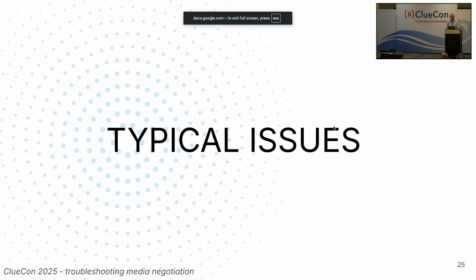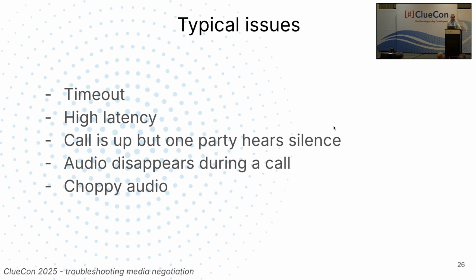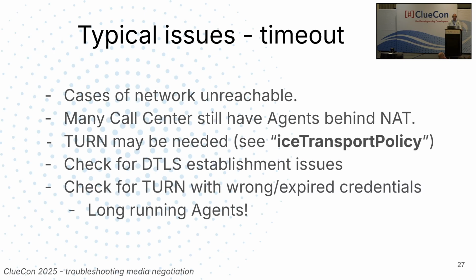Right, thank you. So, in terms of typical issues, I think by experience recently, typical cases are timeout when trying to connect, complaints about high latency, delay in the audio, hearing silence from one party, or the audio just disappearing during a call, or what they call choppy audio, which is audio that is disturbed by clicks or similar cases.